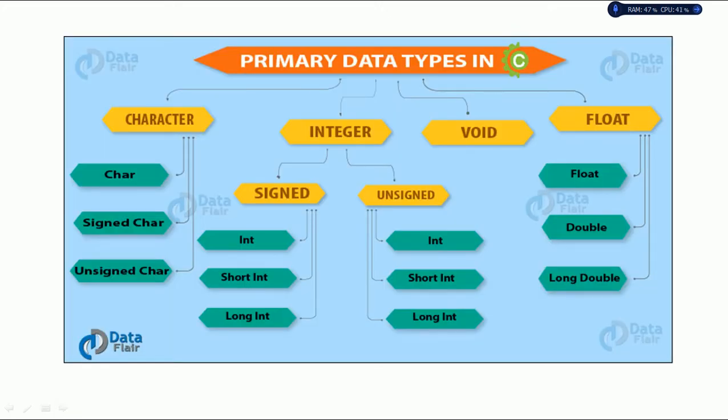So these are the primary data types: character, integer, void and floating point, right? These are the primary or primitive data types. Now you can use a combination with signed and unsigned.